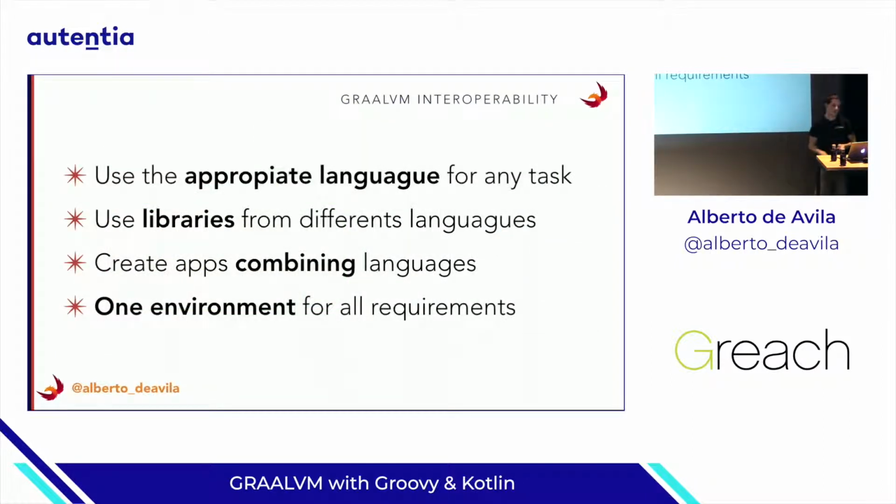So, as I said, we use the appropriate language for any task. For example, if you want to process big data, use some language. Or if you want a library from another language like, I don't know, Python or Ruby, you can use it with Graal.